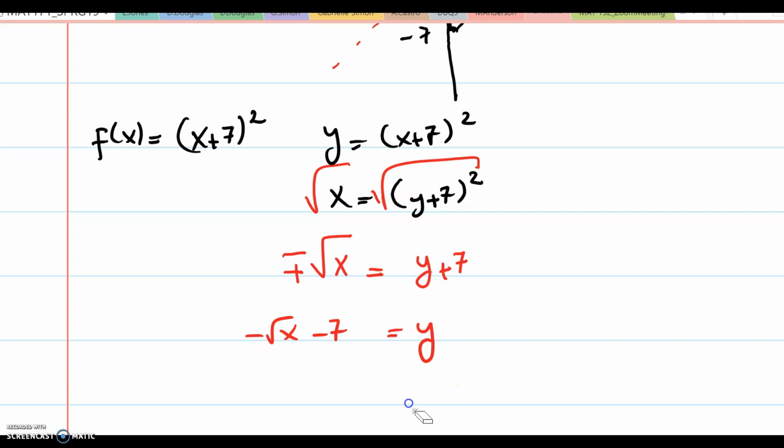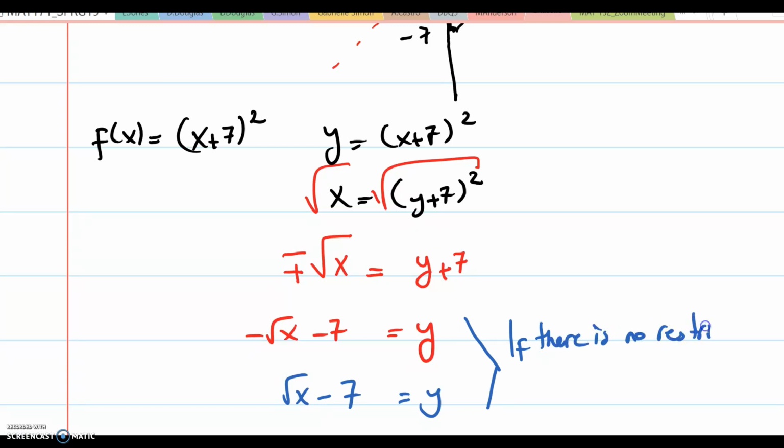Y will also be equal to, let's put it in a different color, positive square root of x, -7. So you would say this if there is no restriction.